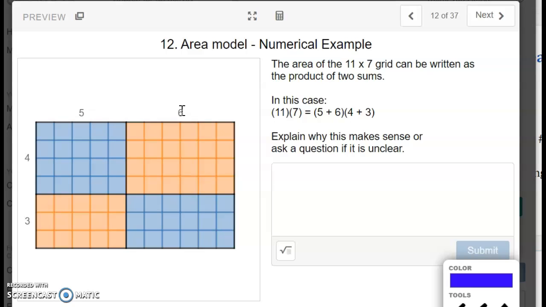Explain why this makes sense, or ask a question if it is unclear. Basically, we're just splitting the length of 11 as 5 plus 6 and the width of 7 as 4 plus 3. So you're talking about the same area. That's why it would work.